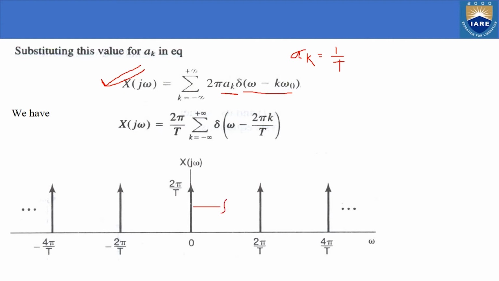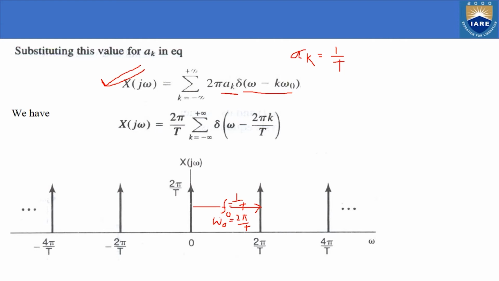I can call this f naught, equal to 1 by T. Otherwise, in angular terms, omega naught equal to 2 pi by T. That is the spacing between two successive harmonics.